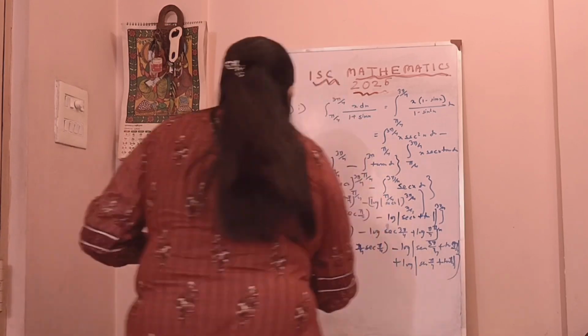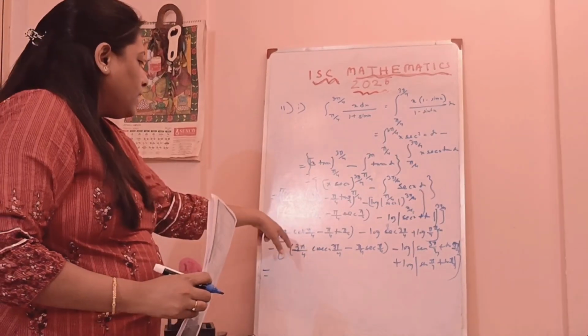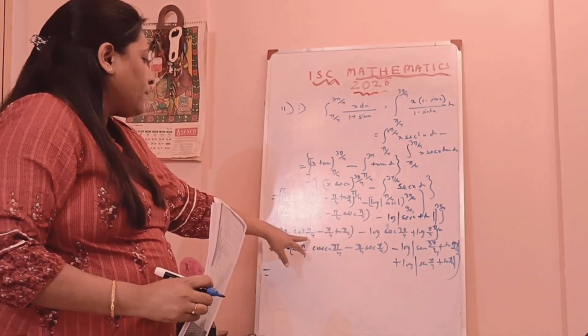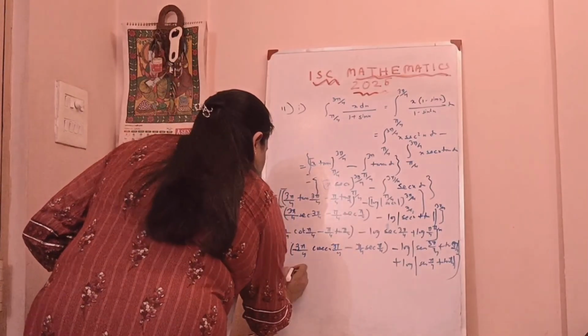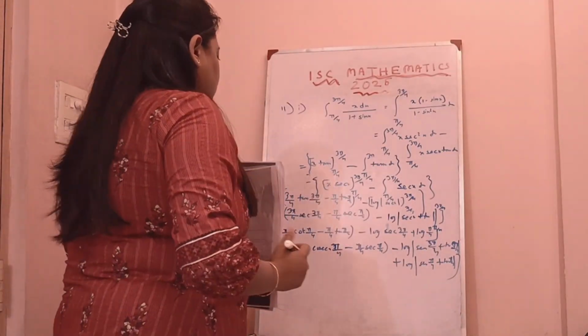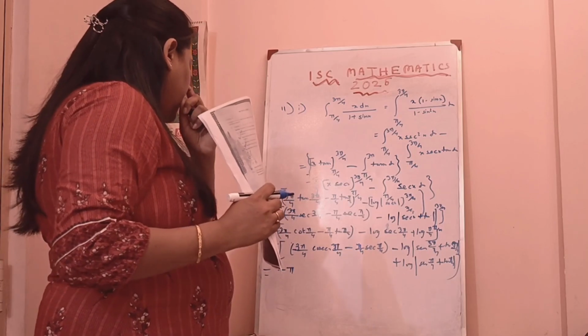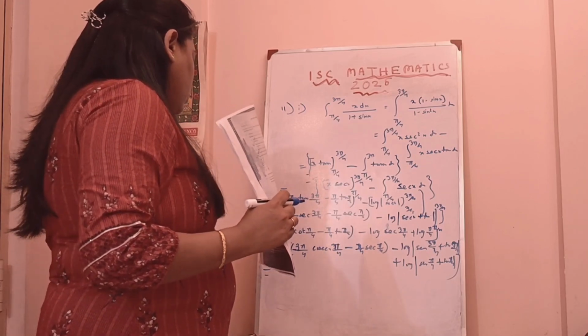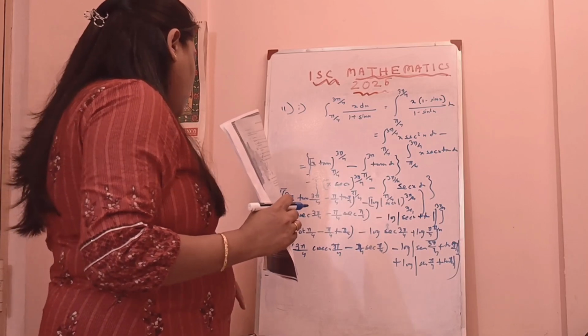Okay, so this is one part. Now cot pi by 4 equals 1 and tan pi by 4 equals 1. So minus 3 pi by 4 minus pi by 4 gives minus 4 pi by 4, which means minus pi. And in the log terms, sec 3 pi by 4 gives log root 2.